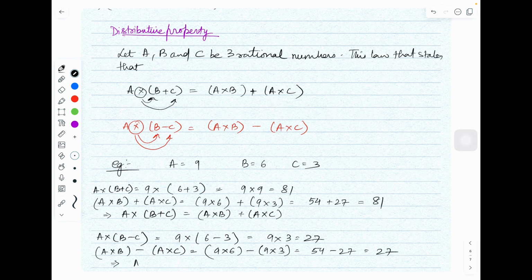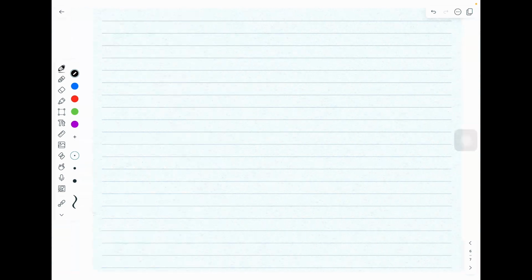This gives A into (B minus C) equals A into B minus A into C. Understood? This is the distributive property, understood?